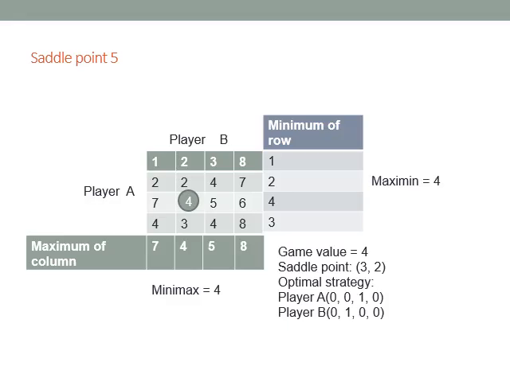For the third row, the minimum value is 4. For row number 4, the minimum value is 3. So, the maximum of these minimums is 4.